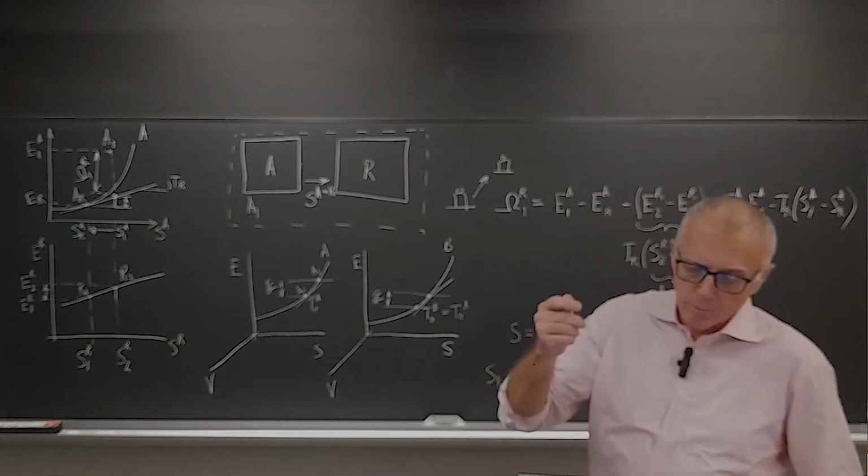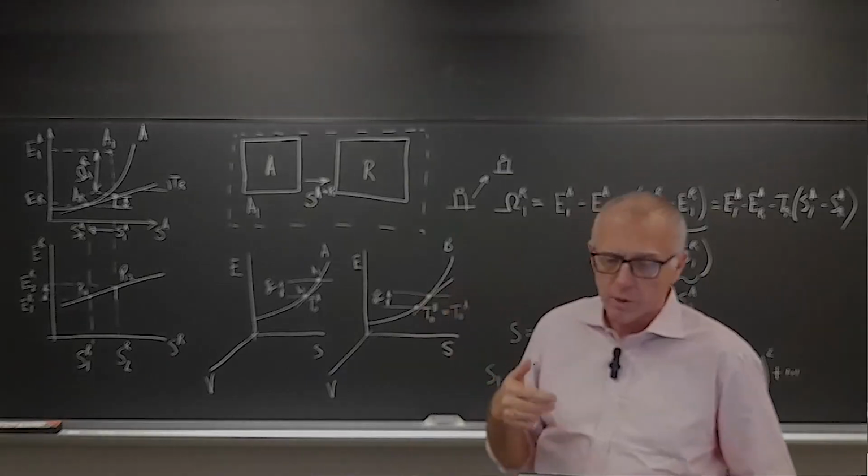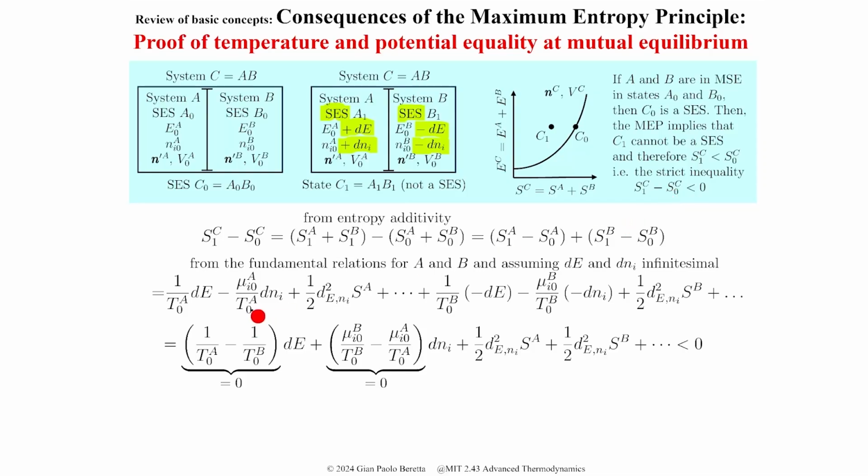So instead of P over T, the partial derivative with respect to amounts is minus the chemical potential over T. Combine in the same way, and by the arbitrariness of our choice of state C1, the amounts dn_i, the differences, are arbitrary, like the energy, and therefore we find the same conclusion that these coefficients must be 0.